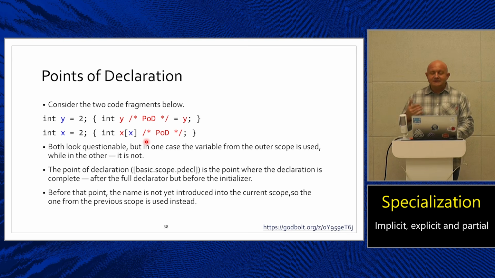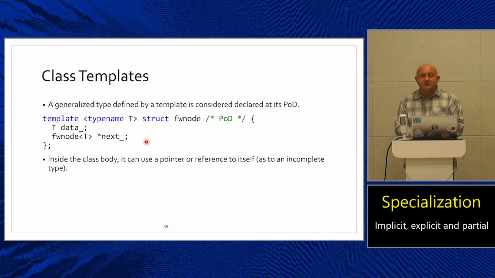This means that x inside the brackets is used before the inner x is declared, so the compiler looks to the outer scope and finds the outer x. The core rule is: before the point of declaration the name is not yet introduced, so the name from the previous scope is used. This subtle rule is the foundation for how we'll understand the lookup rules in template specializations.